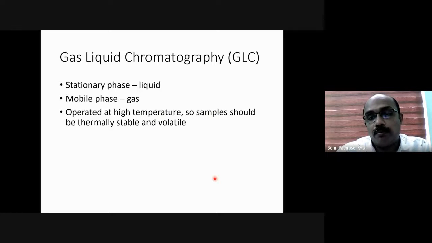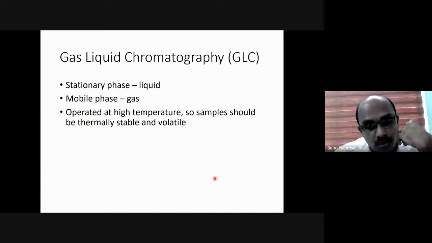So these two, high performance liquid chromatography and gas liquid chromatography, are the ones which we normally use for pesticide residue analysis.